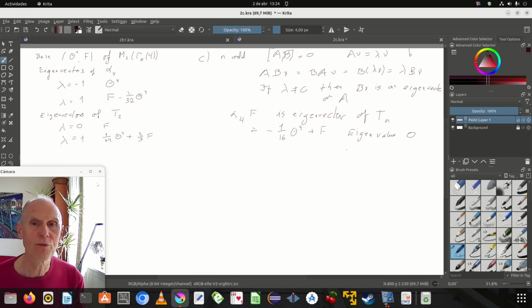Now, confusing again. That was an eigenvalue of T. Yeah, f is an eigenvector of T2. That means T2f is an eigenvector of Tn, but that's naught, so that gives us nothing.